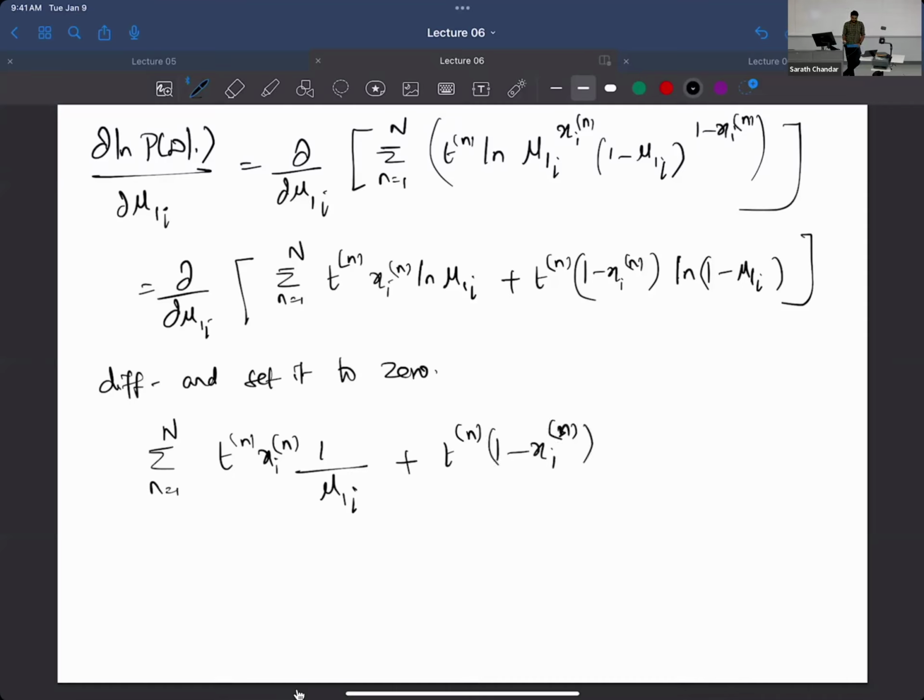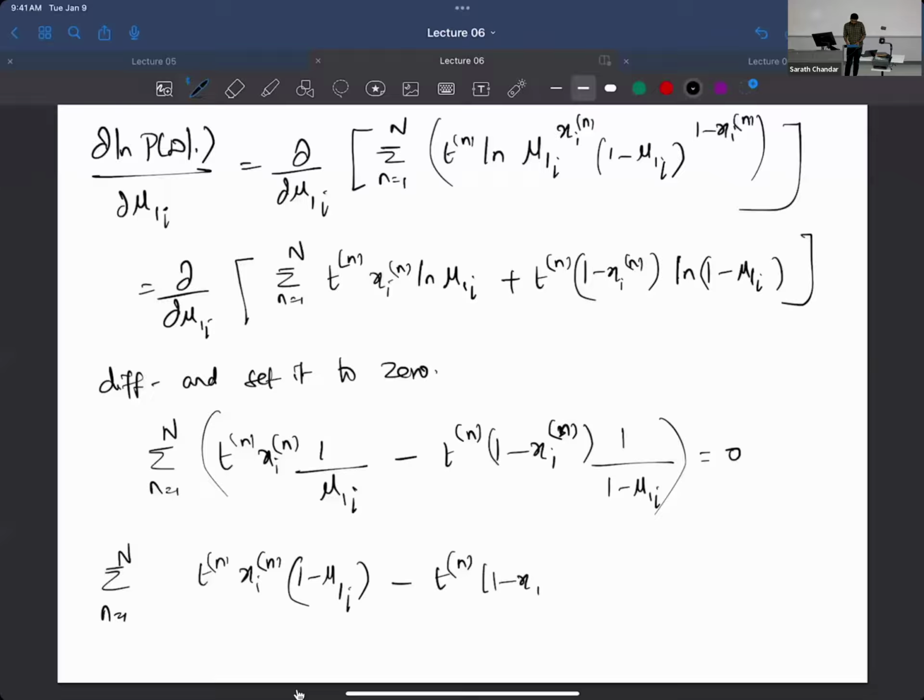When you differentiate ln 1 minus mu, you get minus 1 by 1 minus mu, so let me put the minus here: minus 1 by 1 minus mu 1i is equal to 0. Is that right? So I can write this as summation n is equal to 1 to capital N, Tn xin into 1 minus mu 1i minus Tn into 1 minus xin into mu 1i is equal to 0.